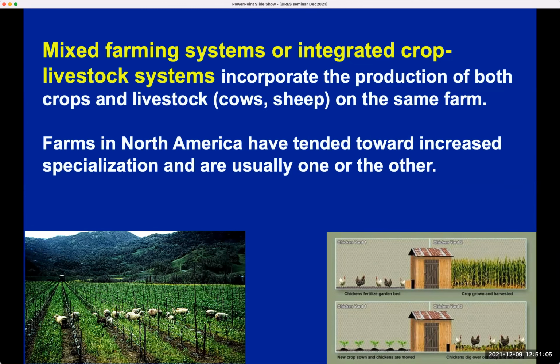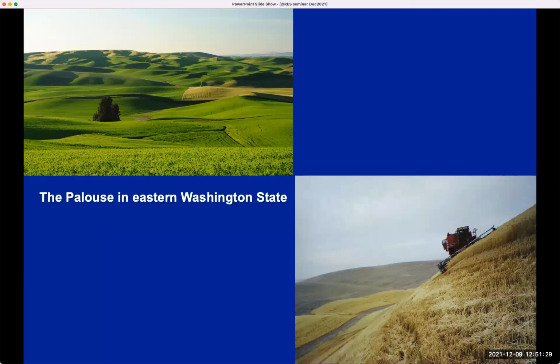In fact, the picture on the lower left is a vineyard in California, 450 acres. After the harvest in the fall they bring animals in, and they also bring a chicken mobile out.